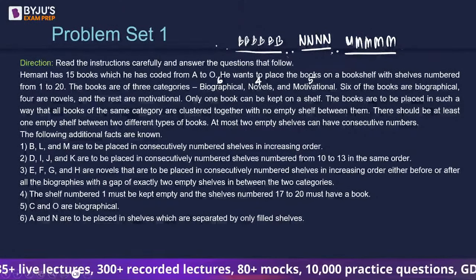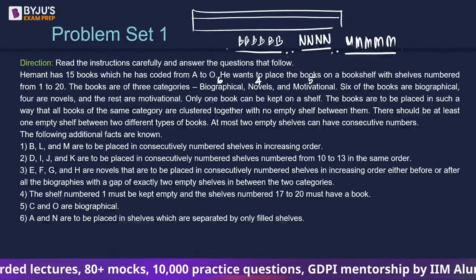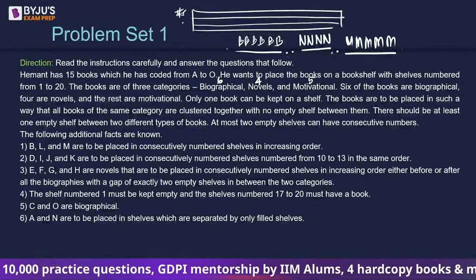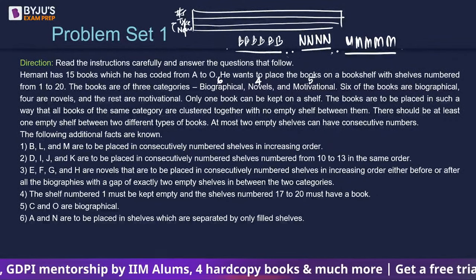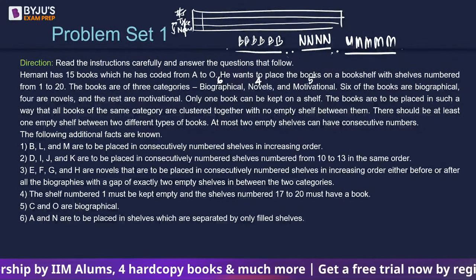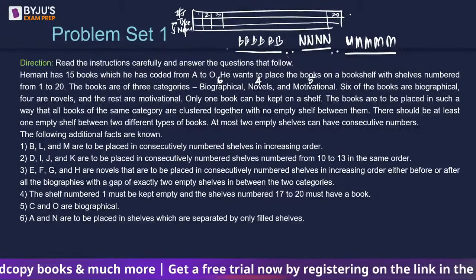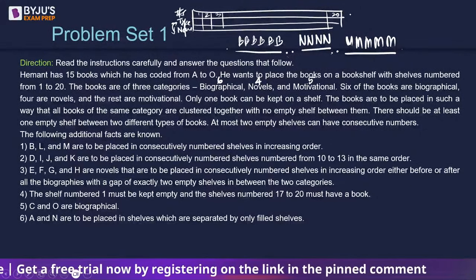I believe we will need a table like this with the first row being shelf numbers, then maybe the type of books, and then the names. The shelf numbers 1, 2, 3 and so on up to 20 are fixed. It's only the type and the name that need to be arranged.